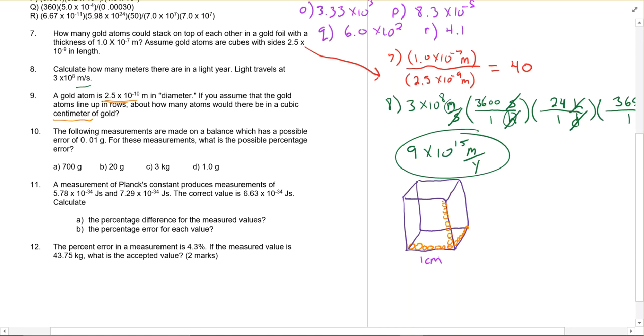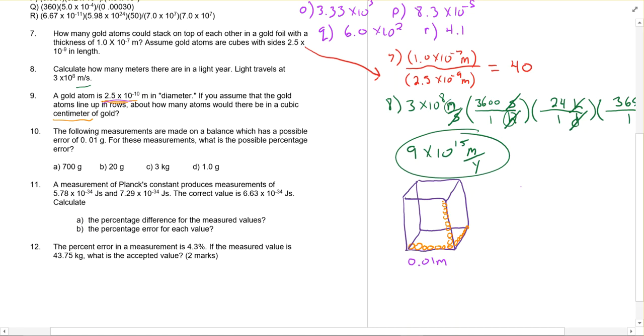So what I'm going to do first is convert this centimeters into meters, because that's going to be better for our calculation. 1 centimeter is 0.01 meters. Now, if we want to figure out how many of these gold atoms are along that bottom, we just divide this by the diameter.